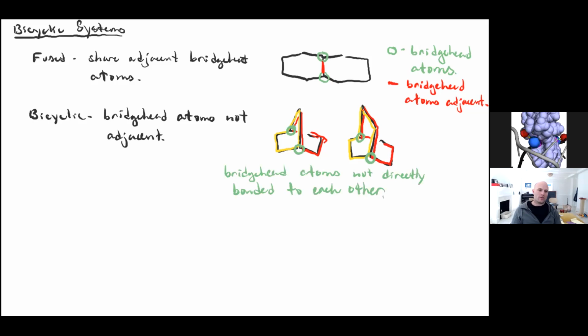And so that would be what we refer to as a bicyclic system. The final flavor is what we call spiro, and these are where the two rings only share a single carbon or single atom.